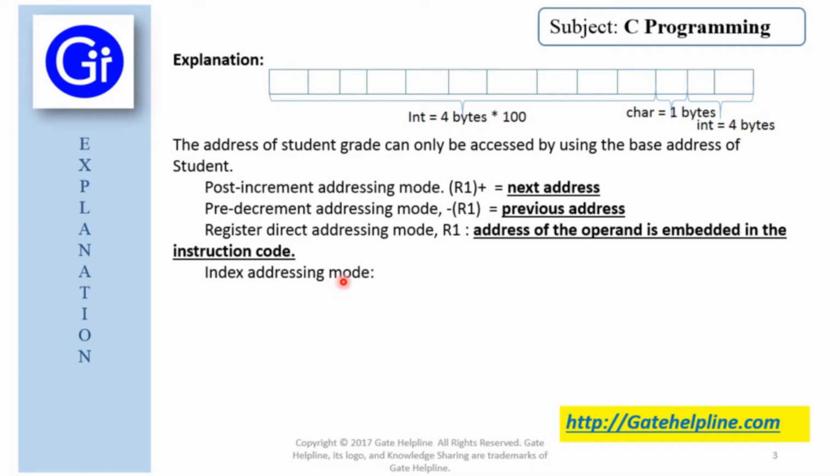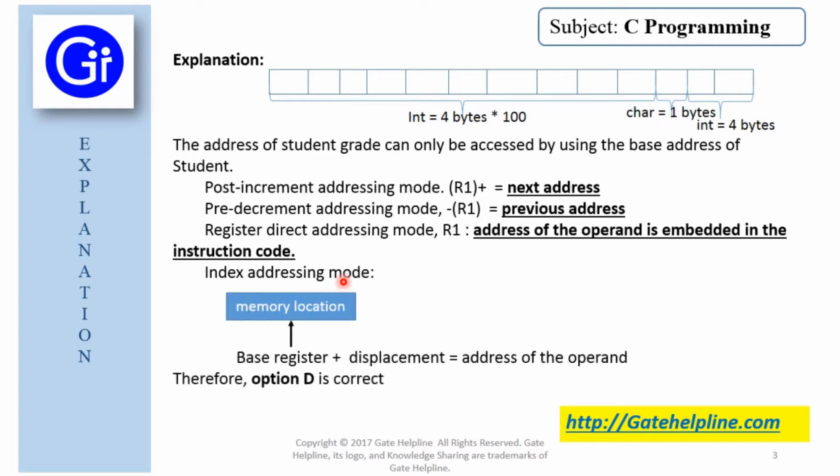In this, the mode gives access to the address by adding the displacement to the base address using displacement mode. So the base register contains a pointer to a memory location, and the integer constant is referred to as displacement, and the address of the operand is obtained by adding the content of the base register plus the constant, that is the displacement.